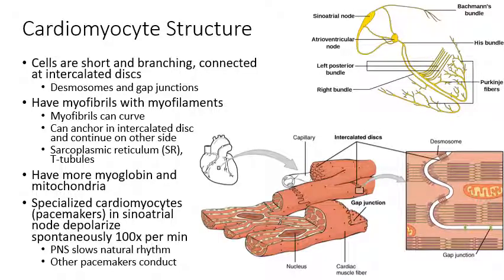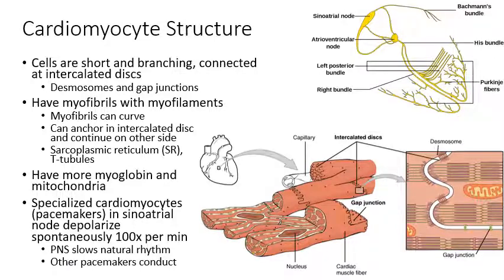They are not just straight. So whenever the cell branches, the myofibrils will curve to follow the branches. And they can also continue after an intercalated disc, which means that this myofibril in one cardiomyocyte also is going to link up with this myofibril in the next cardiomyocyte. So you have a single kind of line of contraction running across the intercalated disc.